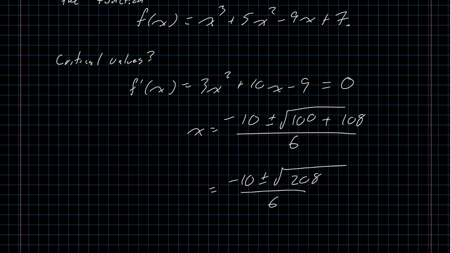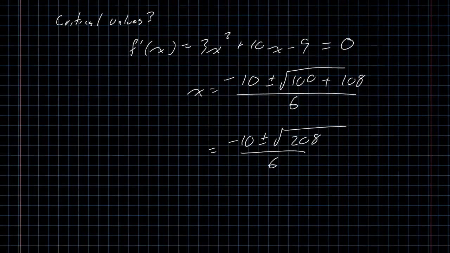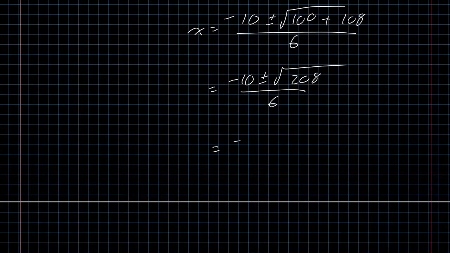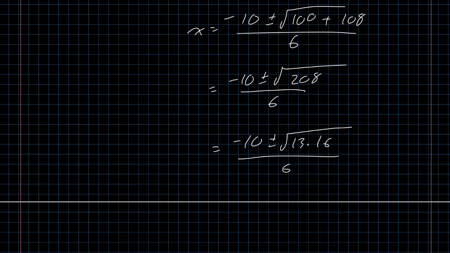See, 208, I can see that it's going to be divisible by 4. Let me grab my calculator real quick. 208 divided by 4 is 52, which is actually also divisible by 4. So I can factor 208 as 13 times 16, which is nice because the square root of 16 is 4.